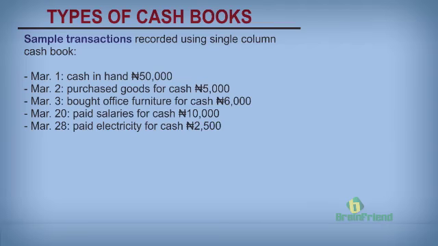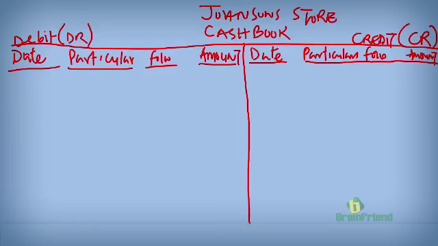In the question given, on first day of March, there was cash in hand, 50,000 naira. As mentioned, we are guided by the double entry principle, which says whenever the business receives money, it should be recorded at the debit side, and whenever the business gives money, it should be recorded at the credit side.